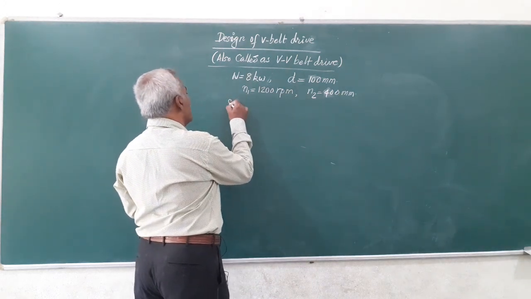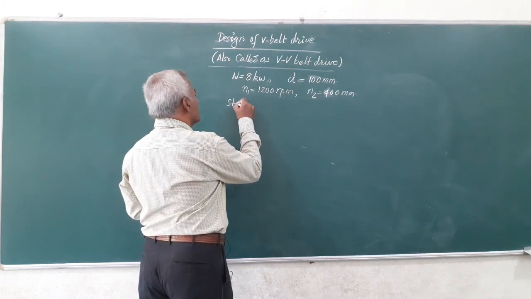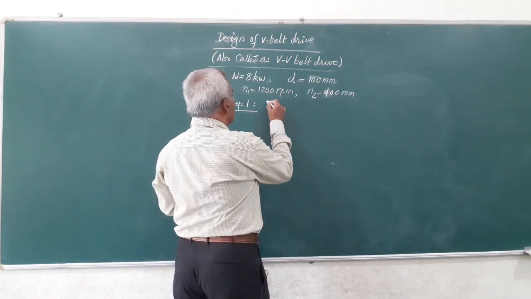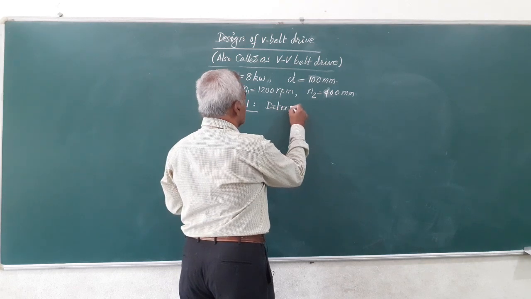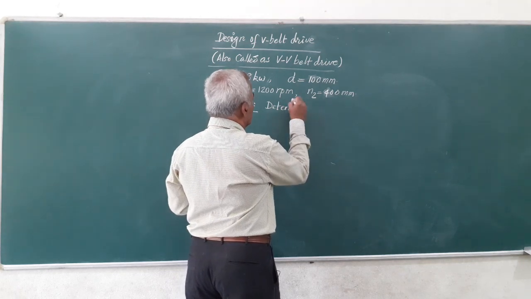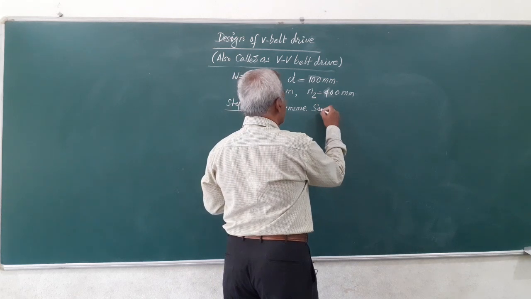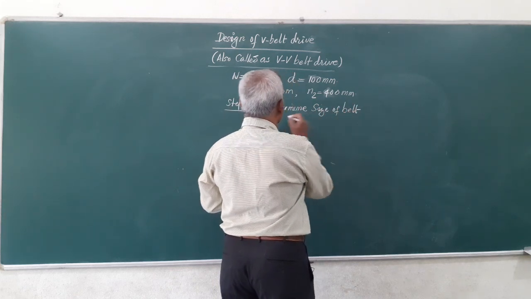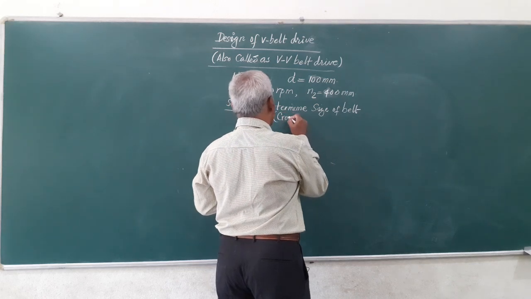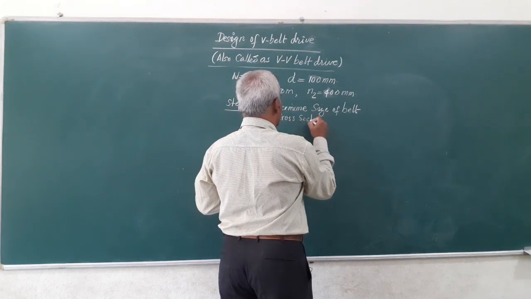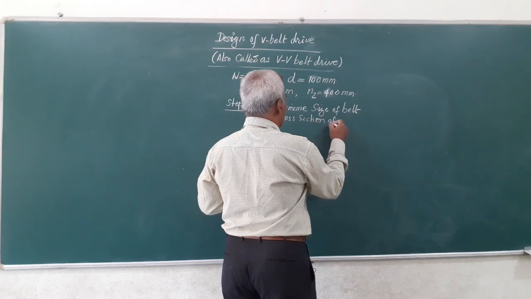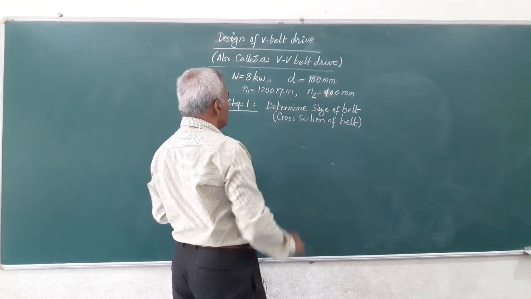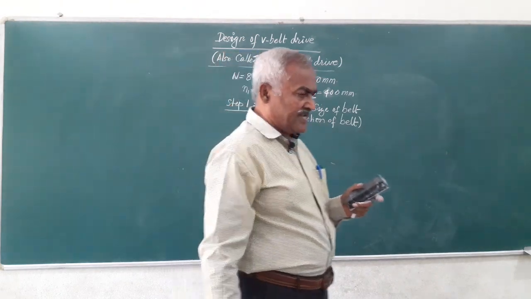In step number one, we are going to determine the size of belt, which is also called the cross section of belt.